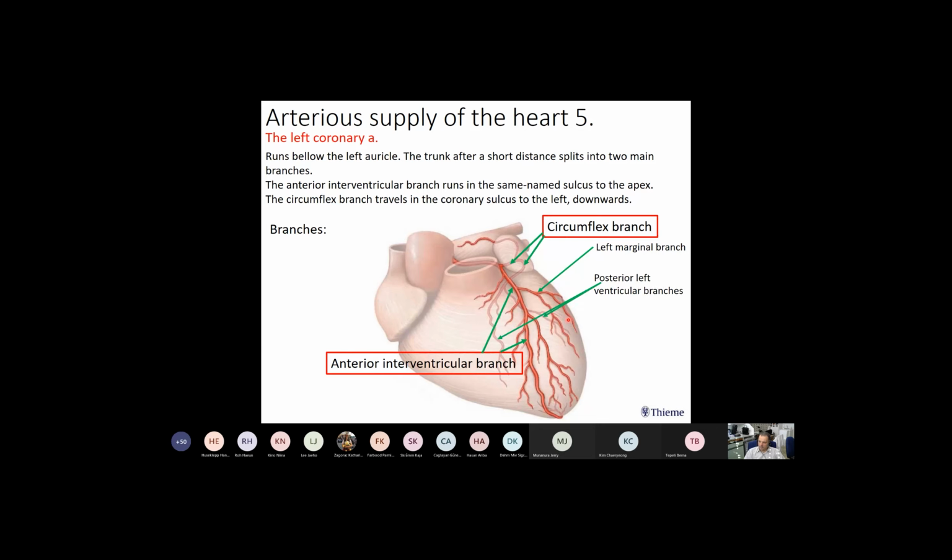And from the circumflex branch that turns on the back side, we get some branches to the left ventricle, which we can call posterior left ventricular branches. The anterior view still has one or, in some cases, multiple so-called lateral or diagonal branches arising from the anterior interventricular. And also you have a branch to the atrium.